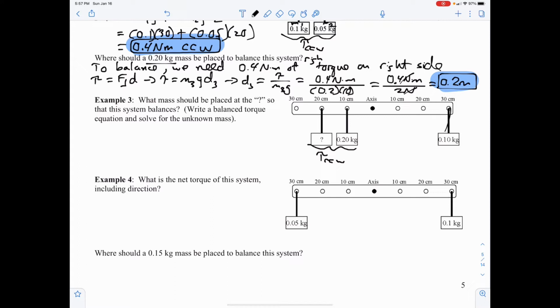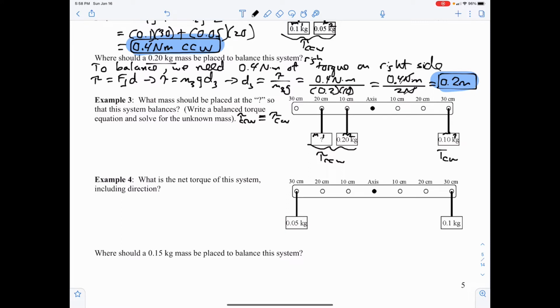The weight at the end would pull in that direction, causing a clockwise torque. So we have one clockwise torque balancing two counterclockwise torques. So we'll call this mass 1, mass 2, and mass 3.